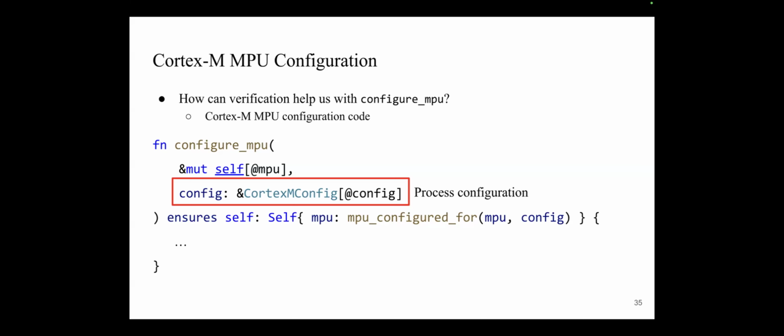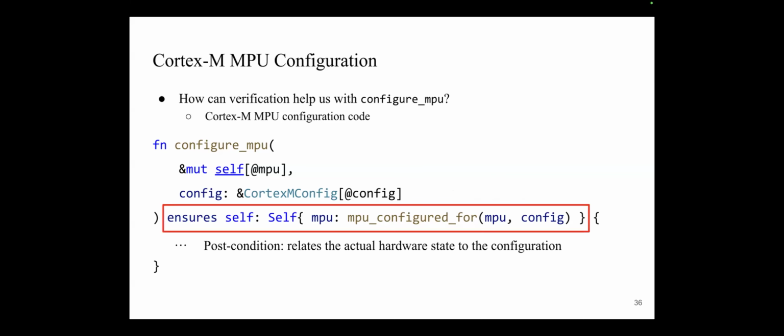And what our specification should really say is something about how the configuration relates to the actual hardware state. Now, this is exactly what we've done. There's a whole bunch of Flux syntax on your screen now, but the most important thing to grasp is that when we say this ensures thing, this is really just specifying a post condition.